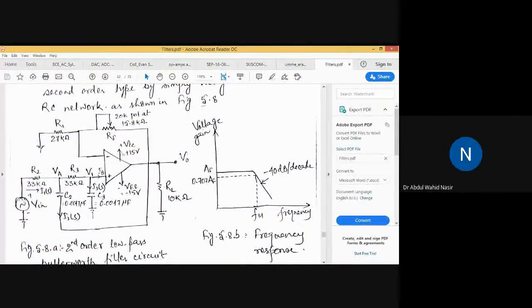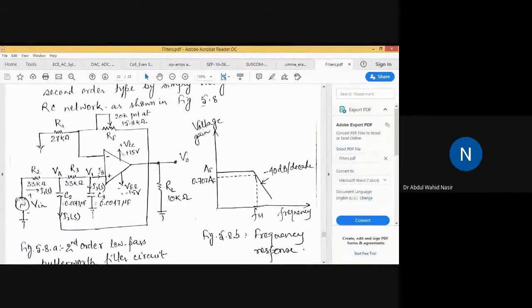So what is the order of a series RC circuit? First order. Keep in mind the order of a series RC circuit is first order.